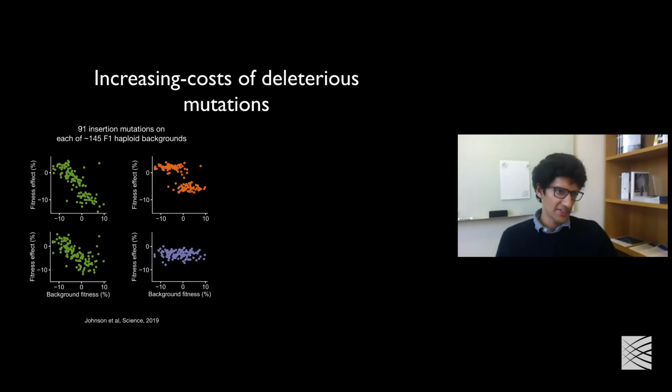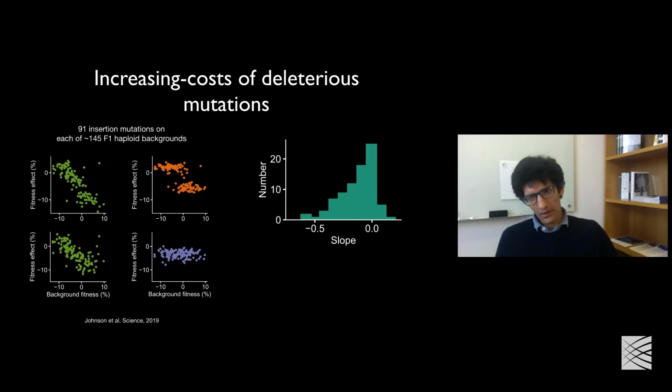But what you in fact see is this very clean negative linear trend. It turns out that across these different 91 insertion mutations, about half of them show this negative trend, right? Some of them do show a slight positive slope, but there's a heavy bias towards a negative linear trend.